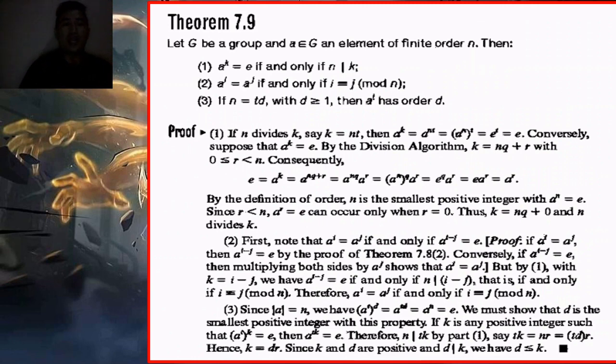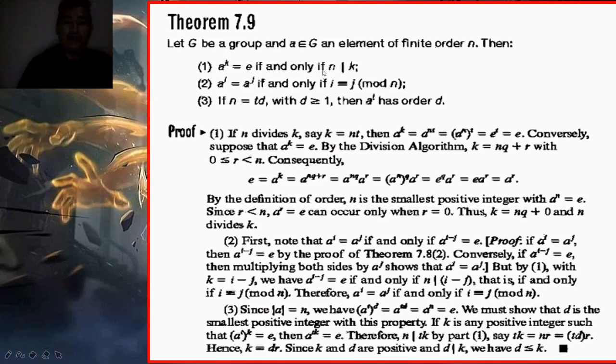Next, Theorem 7.9. So let G be a group and a an element in G, an element of finite order n. Then, okay, number 1: a to the k is equal to e if and only if n divides k. Tama man sad no. Ang finite order naman class si a nato class.